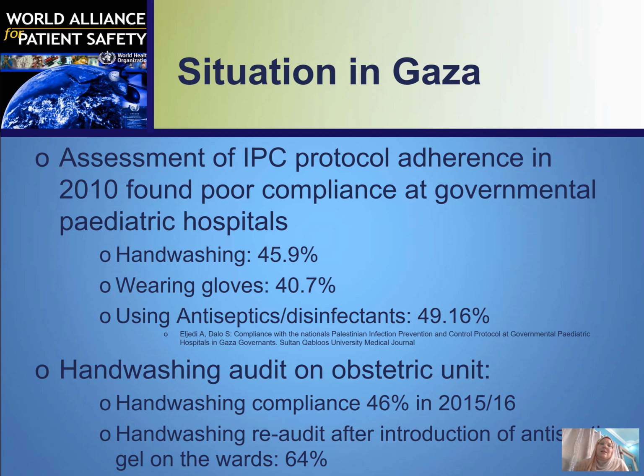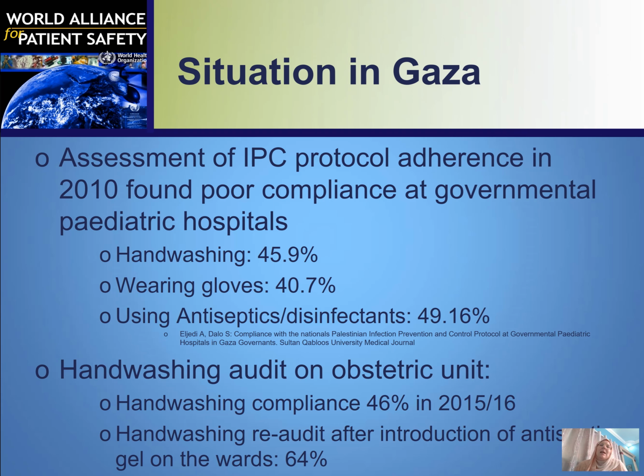In 2010, a study looked at the adherence and awareness of this protocol, and found that only 45%, almost 46%, adhered to hand washing, roughly 40% adhered to wearing gloves when indicated, and only around 50% used antiseptics and disinfectants to clean their hands. A hand washing audit on one of the obstetric units showed that compliance was similar, around 46%.